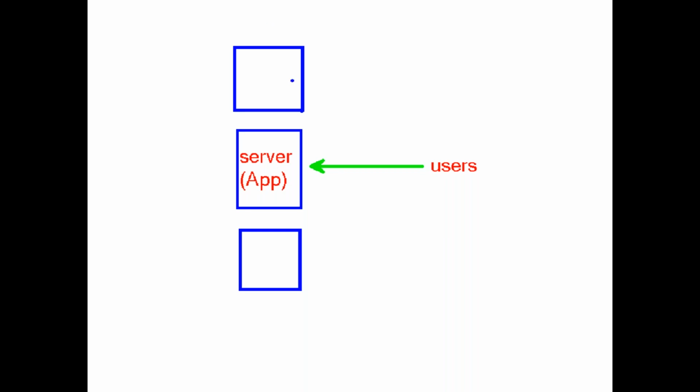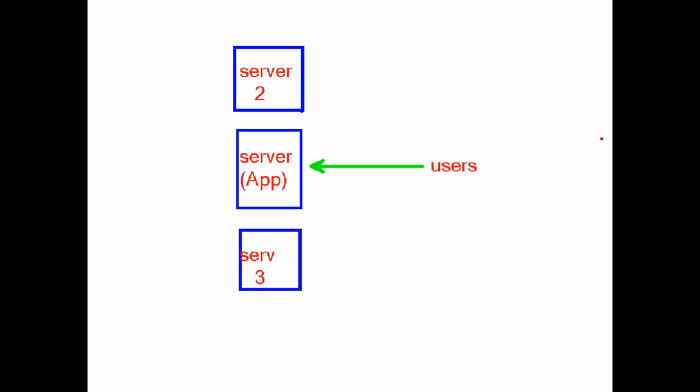I'll take two more servers, server 2 and server 3, and on these I will deploy the same application. Then multiple users will send requests to the different servers. But the question is, which server will the user send a request to?